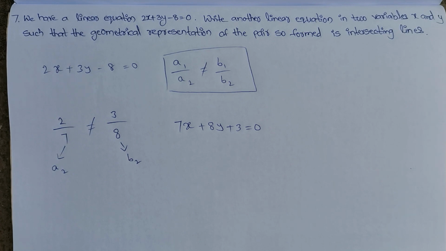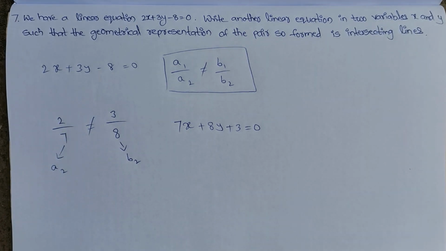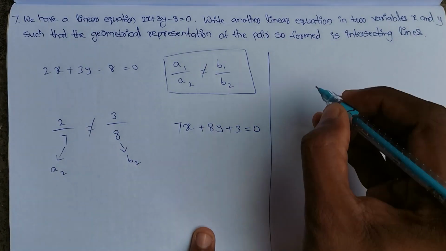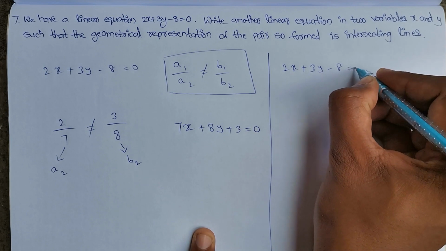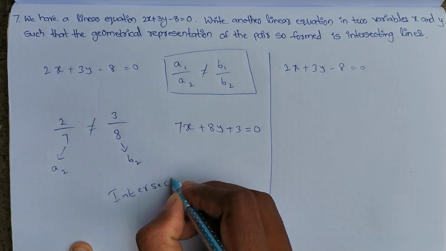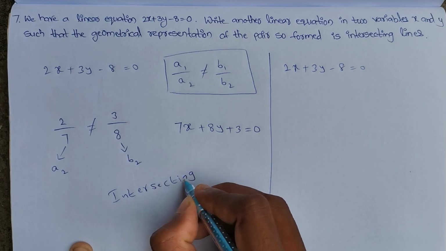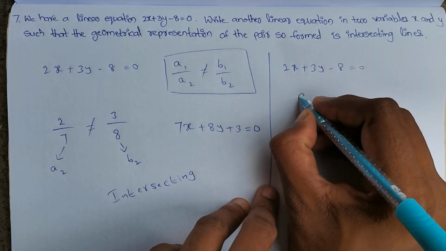And sometimes in the same question only, instead of giving intersecting, they will give parallel lines. Let us check how to solve that one then. The same equation 2x plus 3y minus 8 is equals to 0. This is for intersecting. Now for parallel lines, what is the condition for parallel?